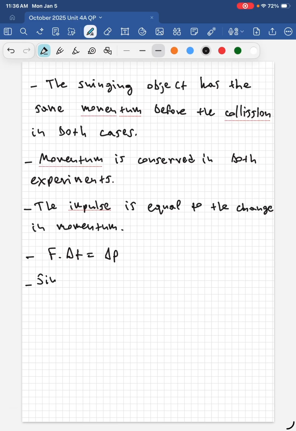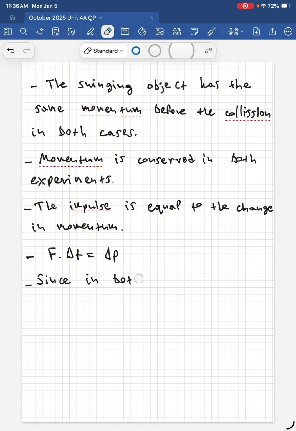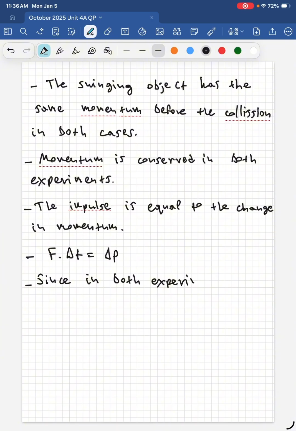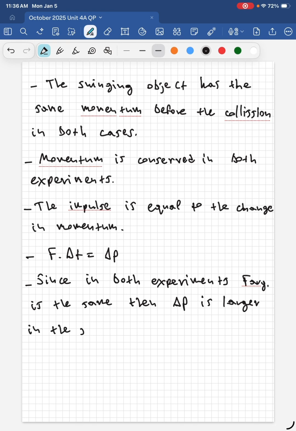So let's write this down. Since in both experiments, F average is the same, then delta P is larger in the second experiment, as delta T is larger.